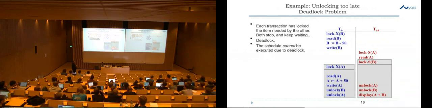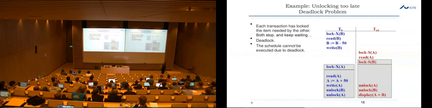9 wants to get an exclusive lock, so it has to wait for the shared lock taken by 10 to be released. And in reverse, transaction 10 wants to get a shared lock on B because it has to read it at some point, or it wants to work on it later. And it has to wait for that to be released by transaction 9.